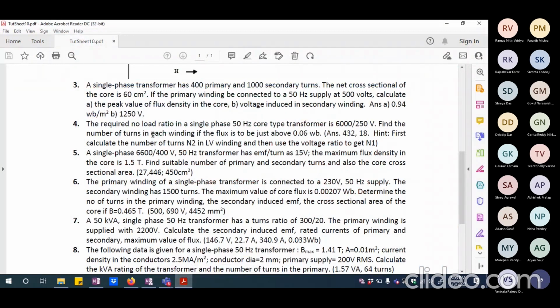The next one, the required no load ratio in a single phase 50 Hertz core type transformer is 6000 by 250. Find the number of turns in each winding if the flux is to be just above 0.06 Weber.